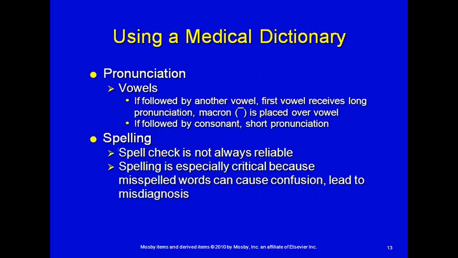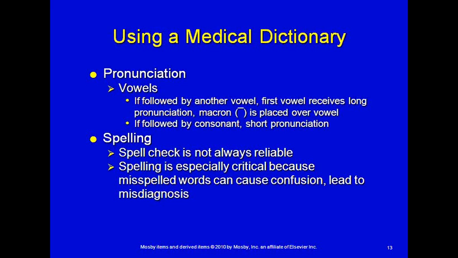Pronunciation: when we look at vowels, if followed by another vowel, the first vowel receives the long pronunciation, and a macron is placed over the vowel. If followed by a consonant, it receives the short pronunciation. Spelling: spell check is not always reliable.